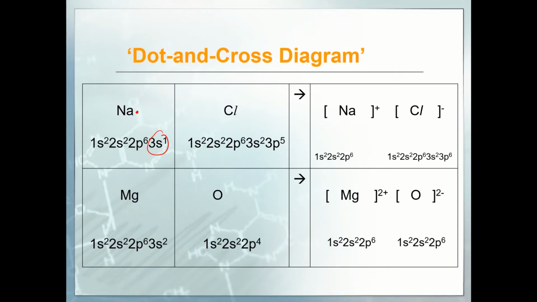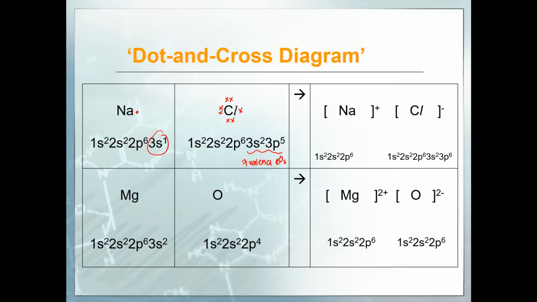Whereas for Cl, there are 7 valence electrons, so we represent the 7 valence electrons on the chlorine atom as crosses. What happens here is that one valence electron on sodium is transferred to Cl, forming Na+. For Na+, there is no more electron in the 3s orbital, so we will not show any electrons.